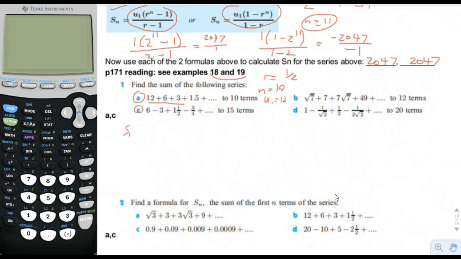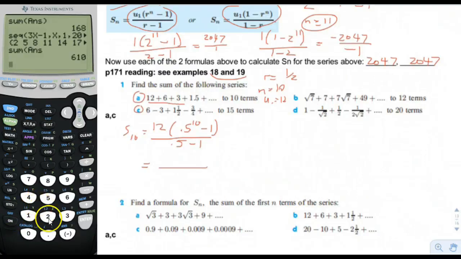So we could use either one of these formulas. So we can write S sub 10 equals u1, which is 12, times r, which is 0.5, to the 10th minus 1 over 0.5 minus 1. Okay, and then we could use our calculator to figure out what that's equal to.